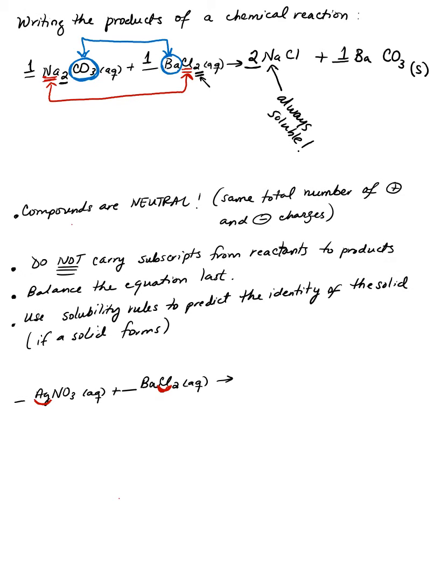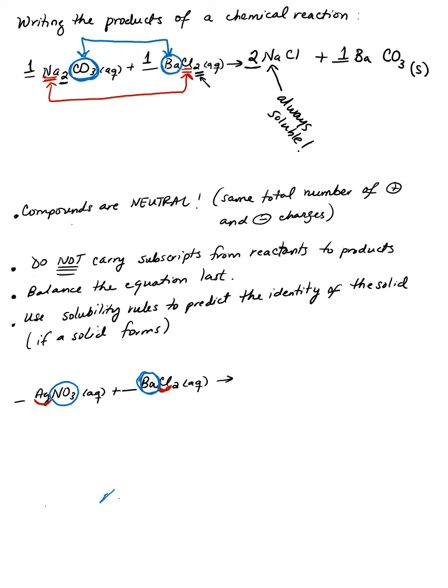Just the ion, no subscripts are being transferred. You're combining just the symbol for the ions. Then you can check if you need any subscripts. And now what you have left is your nitrate ion, NO3, the nitrate polyatomic ion, and you have the Ba right there.